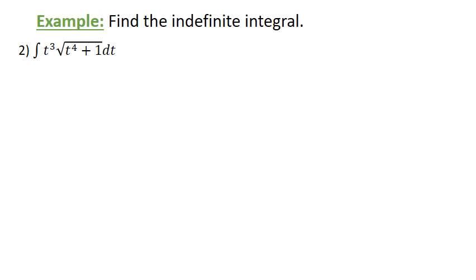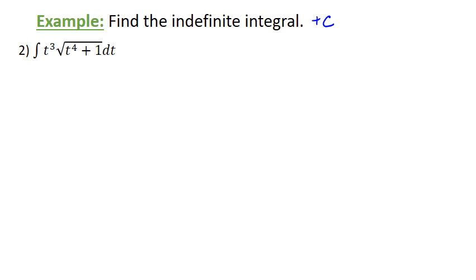Again, we want to find an indefinite integral, so I need to remember the plus c. Now looking at this, I see that I have t cubed and a t to the 4th somewhere in here.